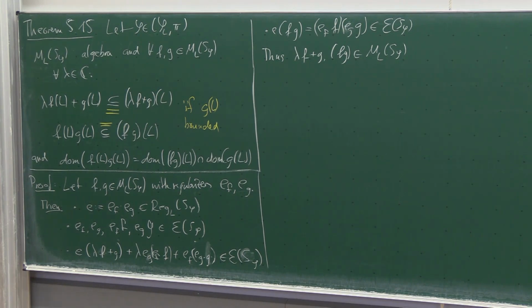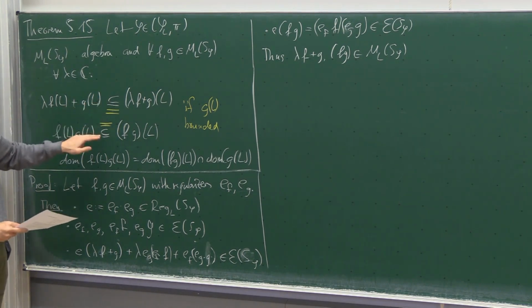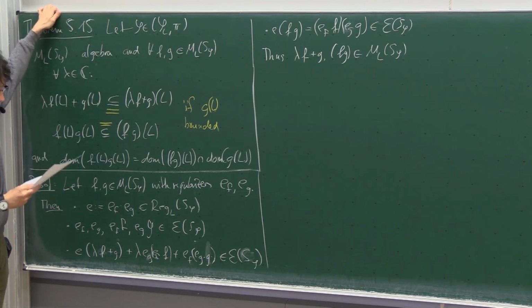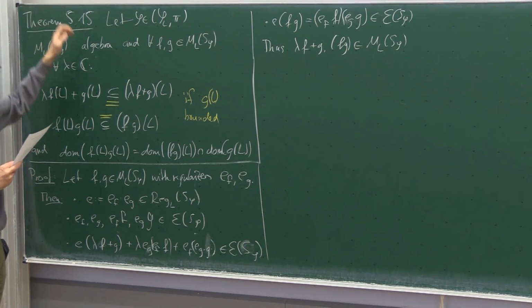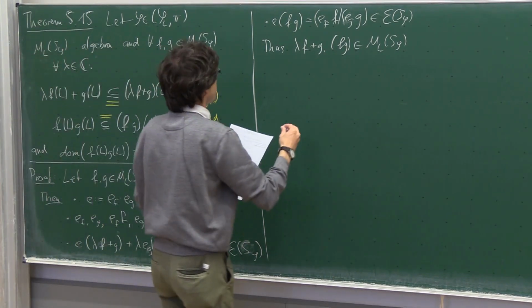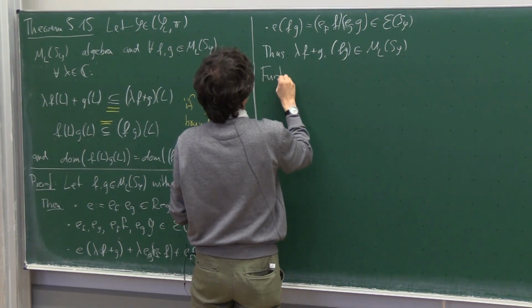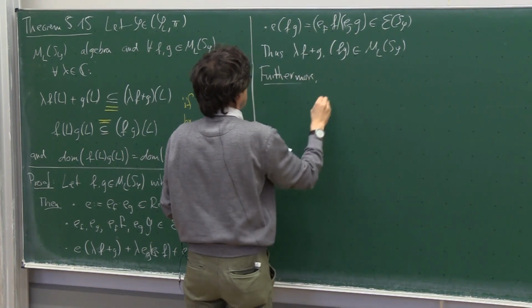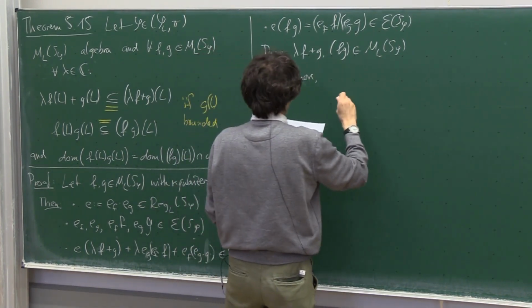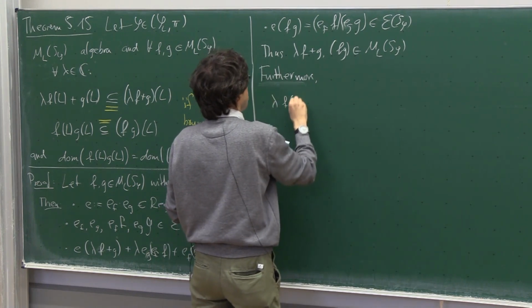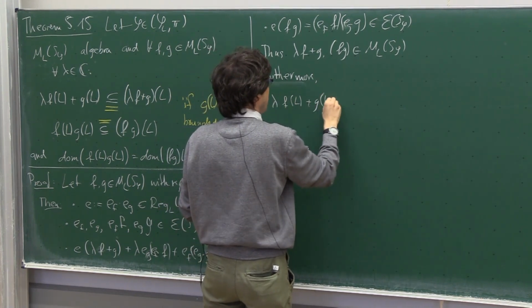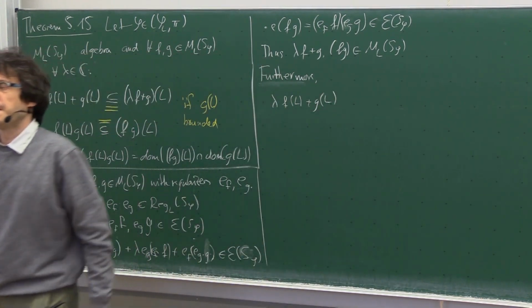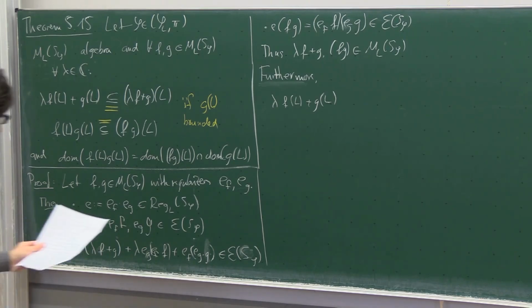So it remains to prove these inclusions here, and then the equality if G of L is bounded. So let's first do the inclusions. Let's look at lambda F of L plus G of L, and just put in the definitions.